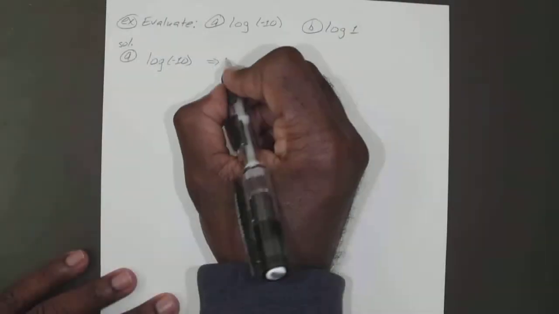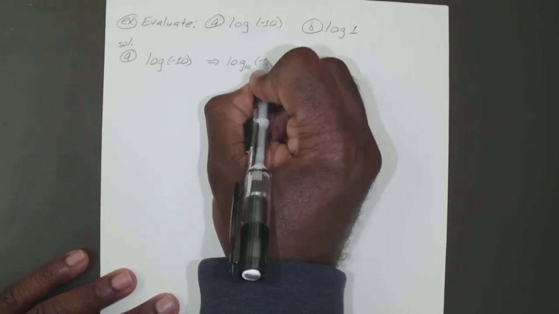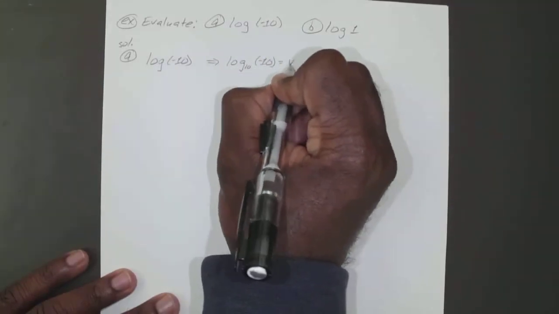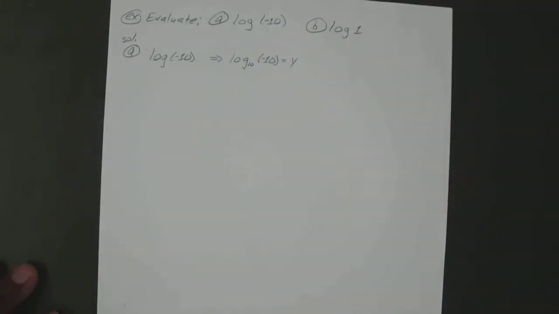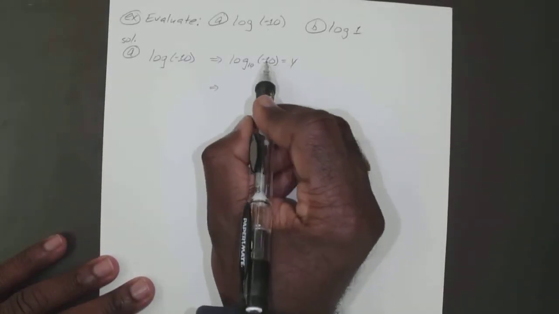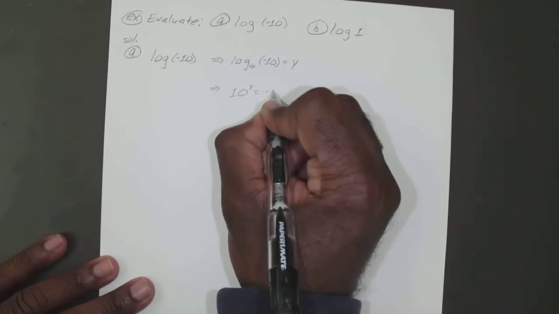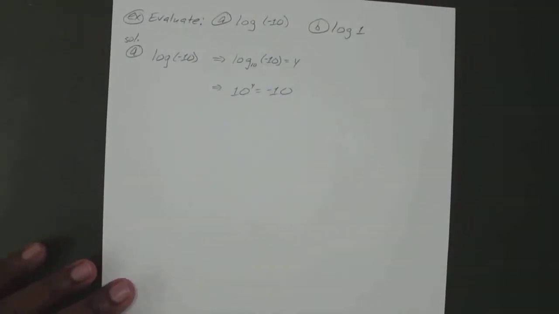We can just rewrite that as log base 10 of negative 10 equals y. Okay. So you have 10 to the power of y equals negative 10. Okay.